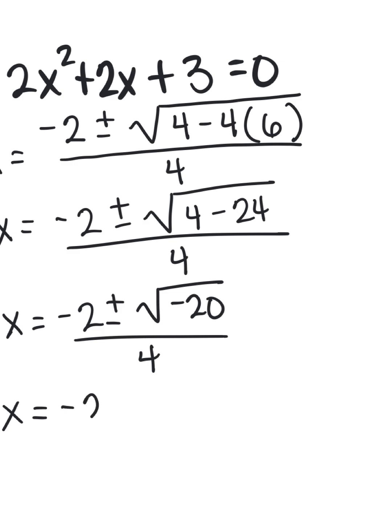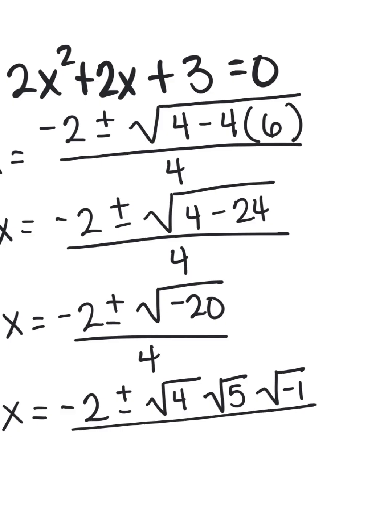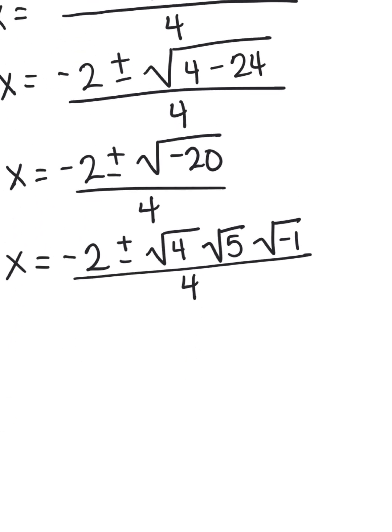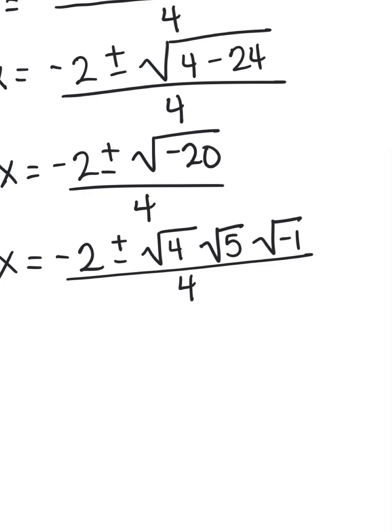And from there, we know that we're going to have a -1. And then the perfect square that goes into 20 is the number 4. So I've got square root of 4 times the square root of 5 times the square root of -1. I just did the -5.